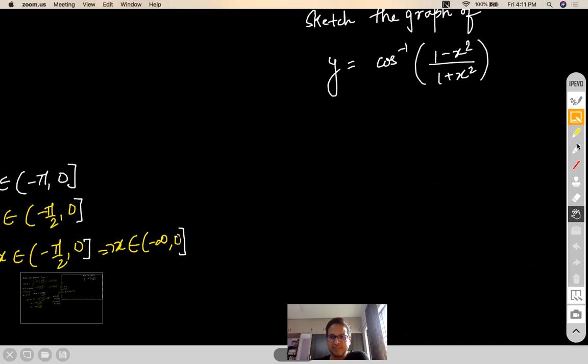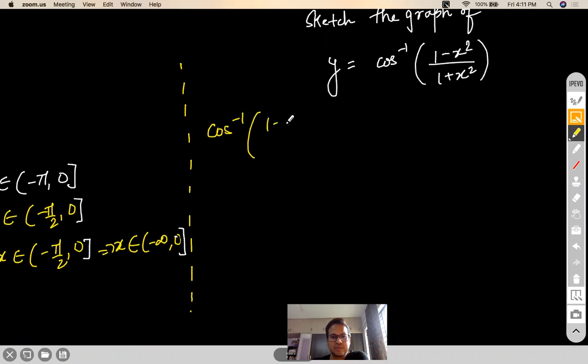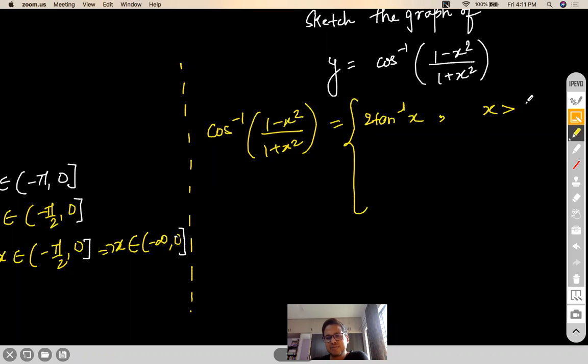So basically redefining this function: cos inverse of 1 minus x square by 1 plus x square can be redefined as 2 tan inverse x when x is positive and negative 2 tan inverse x when x is negative.